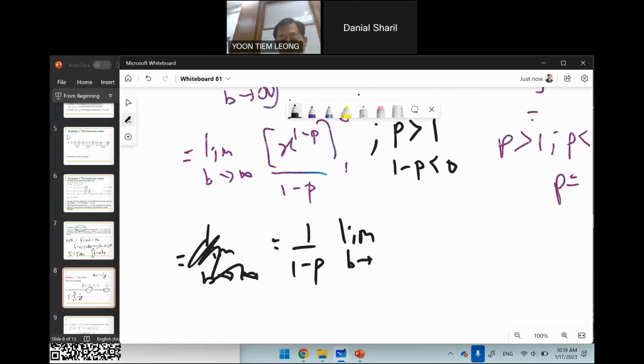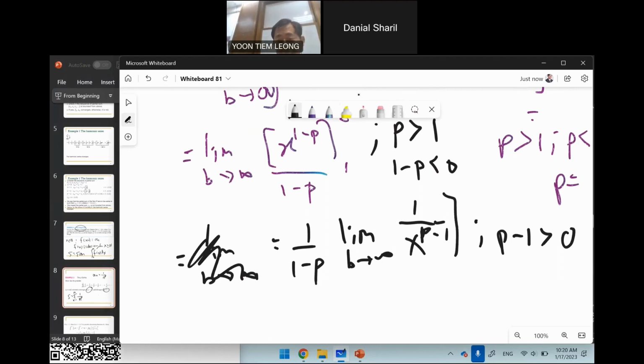Then you take the limit, b goes to infinity. Then x raised to the power 1 minus p could be written as 1 over x to the power p minus 1. Right? So it looks much more comfortable in that way because p minus 1 is a positive number, because p is assumed to be larger than 1.